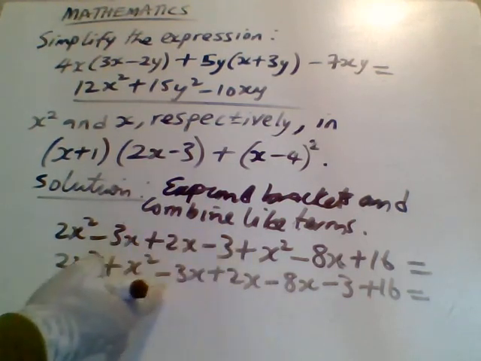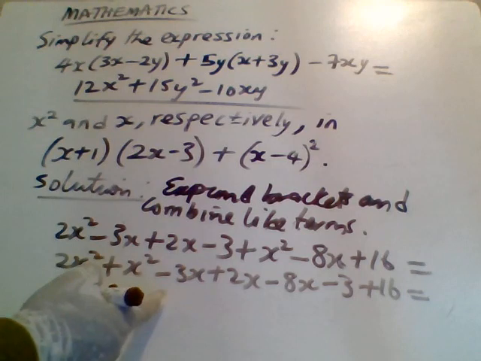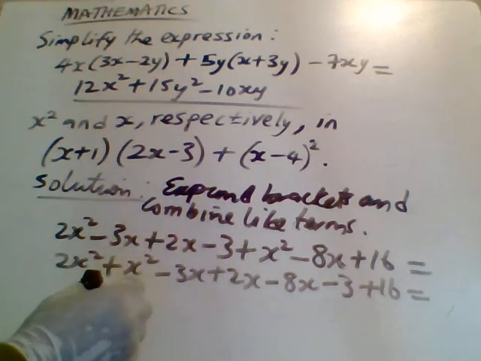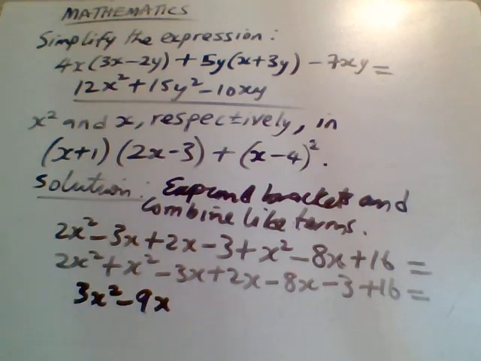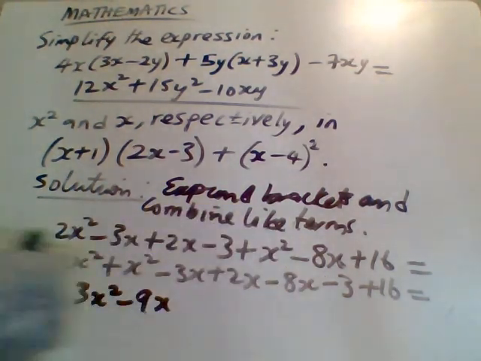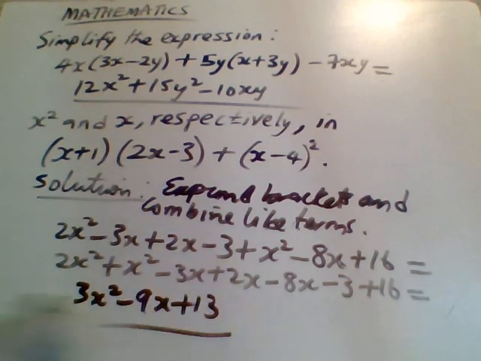You see, perform the operation on the coefficients. Minus 3 plus 2 will give us minus 1. Minus 1 minus 8 will give us minus 9. You bring the variable. Minus 3 plus 16 will give us plus 13. Once you came to this point, you can now find the coefficients as specified here.